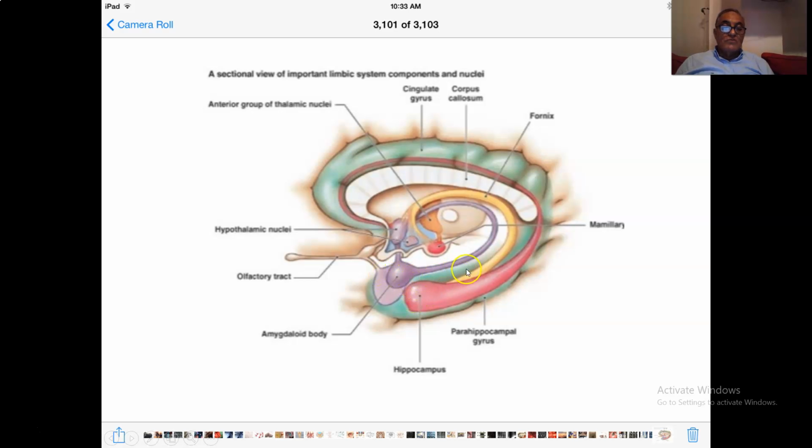So, from this picture we can see the hippocampus, fornix, column of the fornix, mammillary body, amygdala, stria terminalis, septal nuclei, anterior group of thalamic nuclei involved in the circle of Papez, and the hypothalamus.